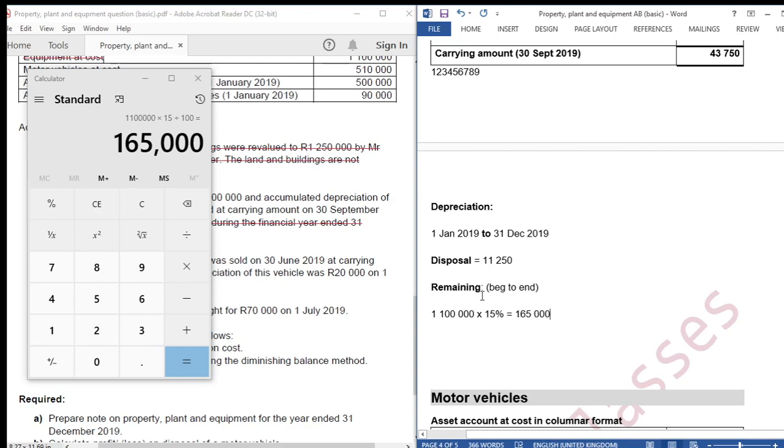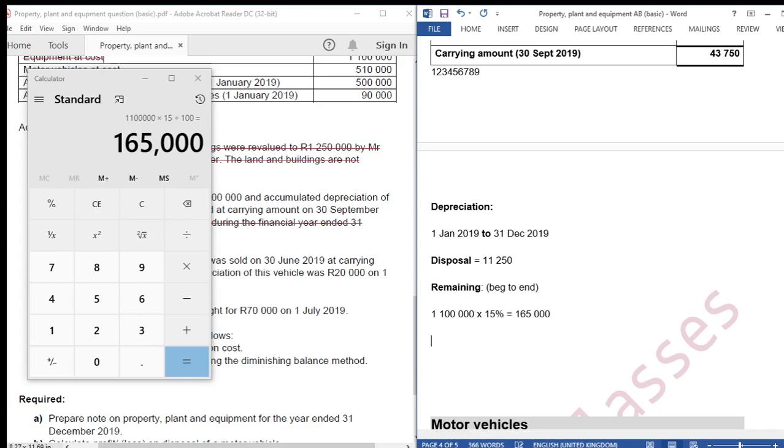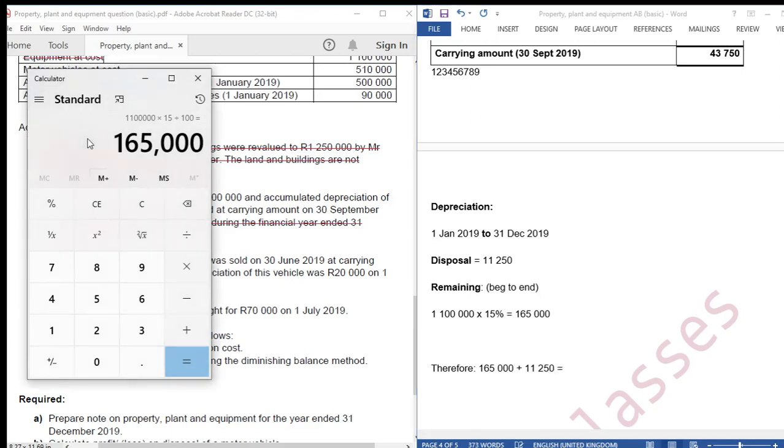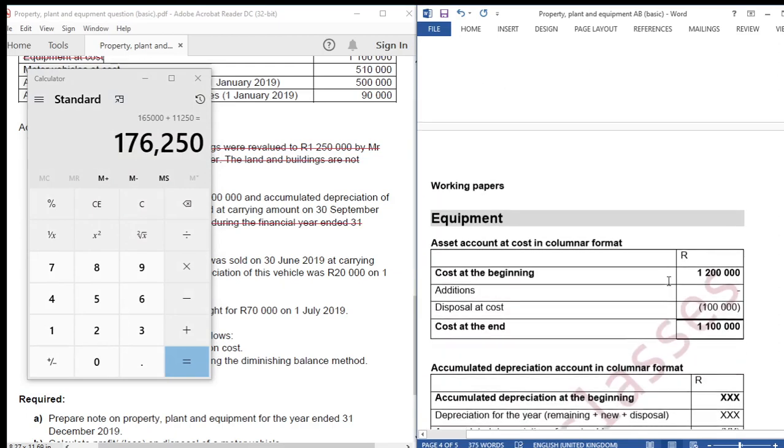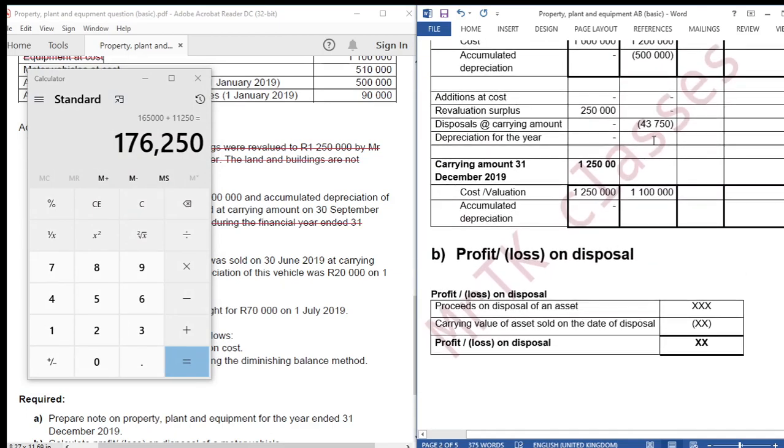Why? Because it was available for use in our business from the beginning of our financial year up to the end. All right. So therefore 165,000 plus 11,250. What do we get? We get 176,250. Okay.